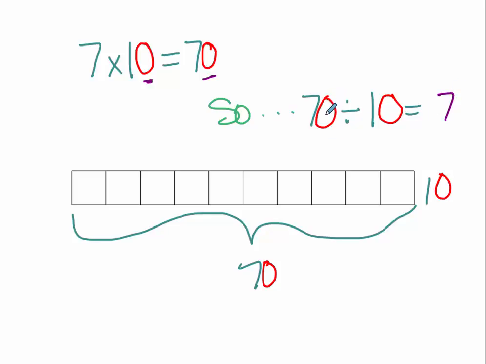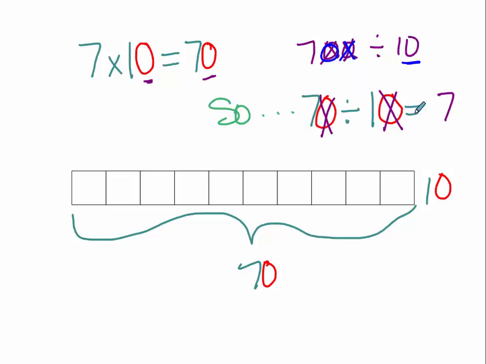When we're dividing, we can get rid of these zeros on the back as long as we get rid of the same amount from each number. We can't say 700 divided by 10 and take these two zeros off, because we only have one zero here. But we can take one of them off, and that leaves us with 70.